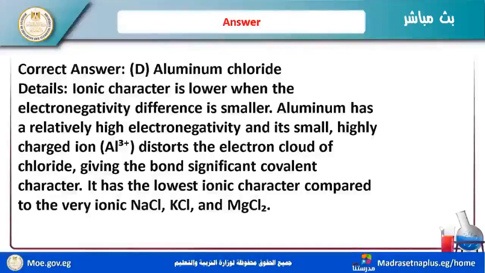Aluminum has a relatively high electronegativity, and it's a small, highly charged ion, Al3+, that distorts the electron cloud of chloride, giving the bond significant covalent character. It has the lowest ionic character compared to the very ionic NaCl, KCl, and MgCl2.